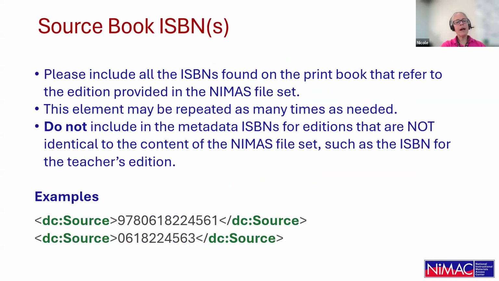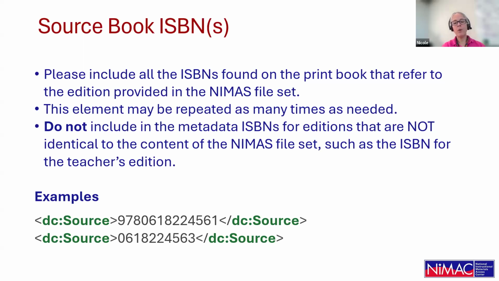Next, we have the sourcebook ISBN. We do ask that all of the ISBNs that are found on the print book that refer to the edition that is provided in the NIMAS file set, in other words, the identical content, be included for searching in the record. One of the important things is we ask that you not include the hyphens.